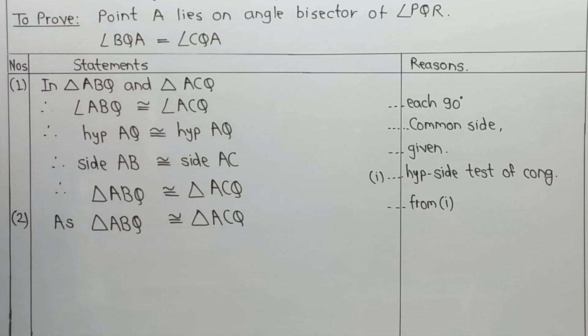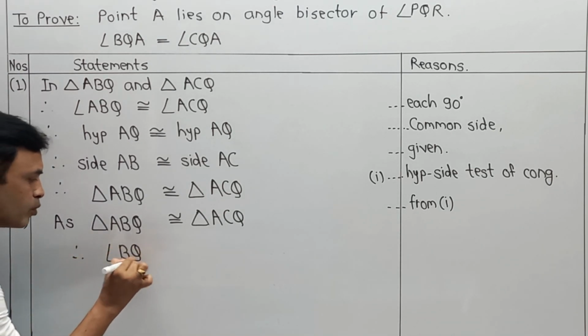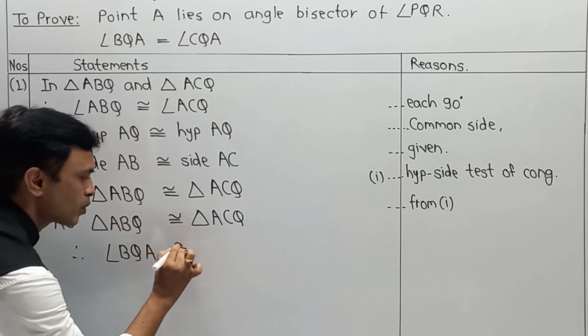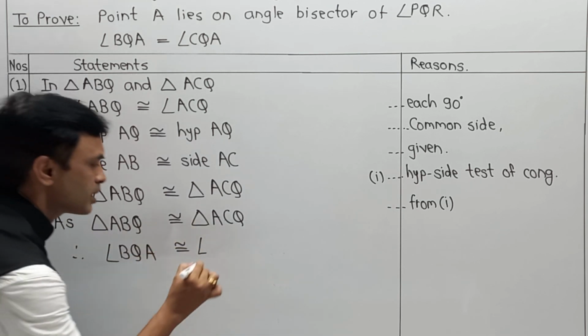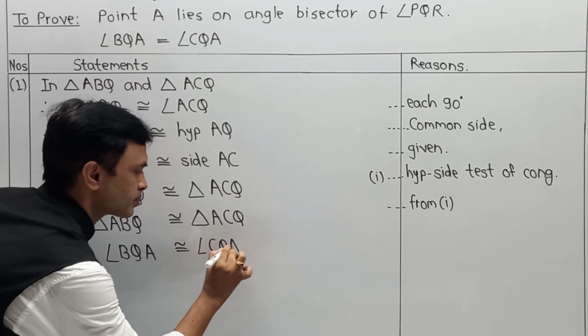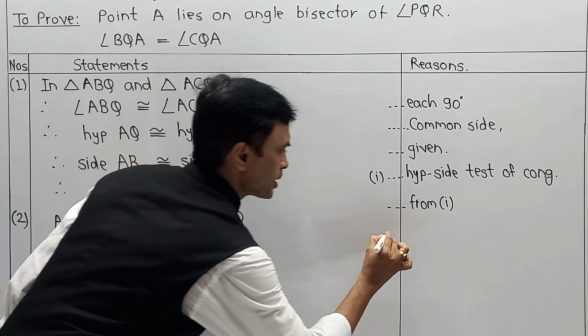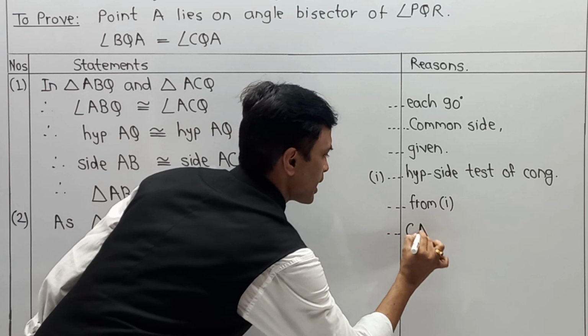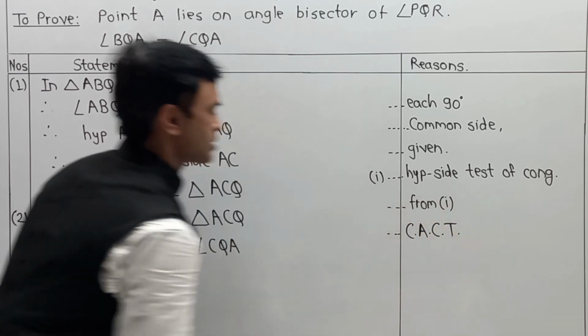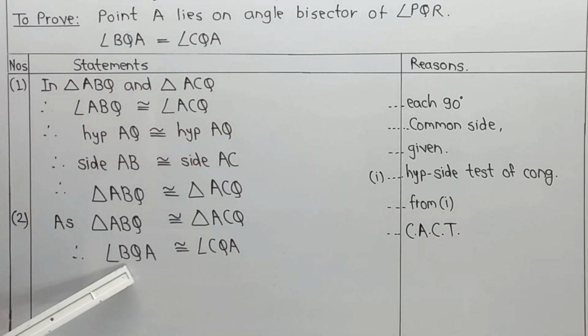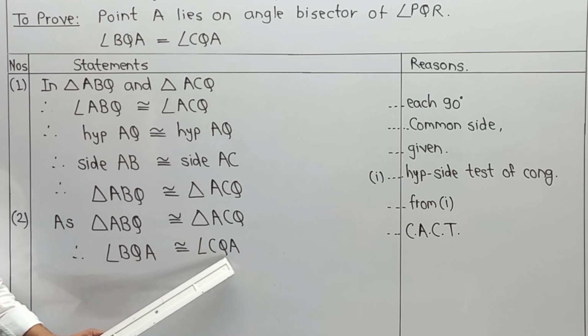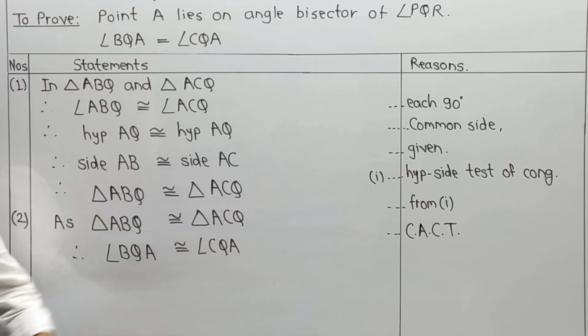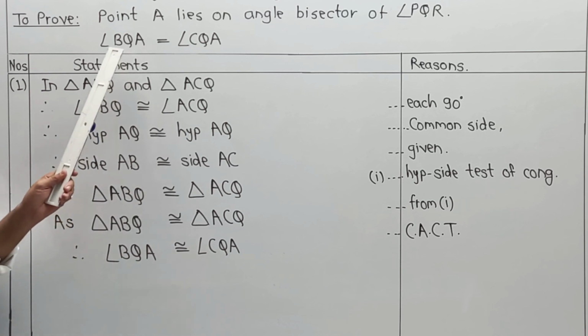Therefore, angle BQA is congruent to angle CQA, and the reason becomes corresponding angles of congruent triangles. So our part is BQA is congruent to CQA, reason corresponding angles of congruent triangles, and that is nothing but required over here.